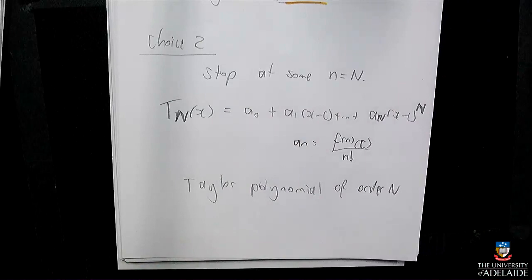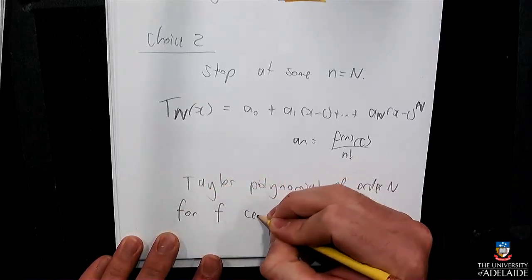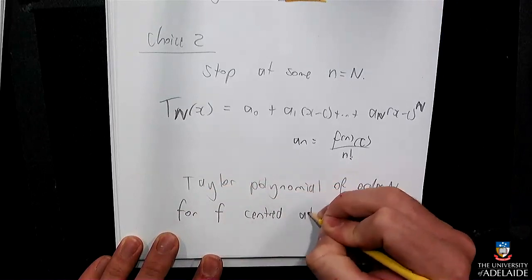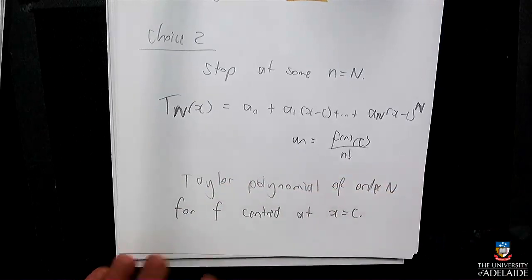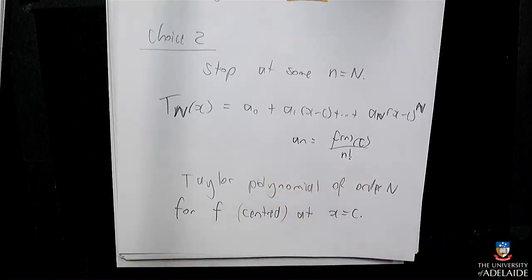Okay. And there's some more grammar that goes with this. This is called a Taylor polynomial of order n, but it belongs to your original function, and it's centered at a certain point. And so it's the Taylor polynomial of order n for the function f centered at the point c. And they don't always say centered, they might just say at. They might also say around.